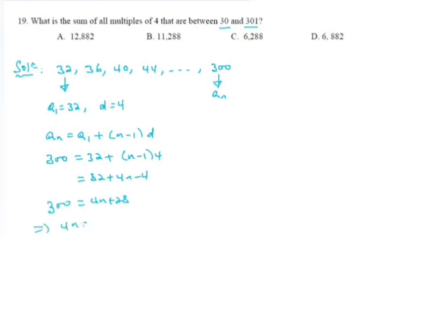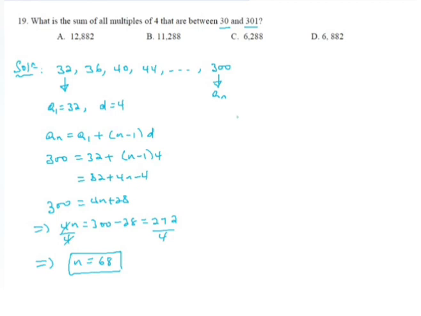So 4n becomes 300 minus 28, which is 272. Now dividing both sides by 4, n becomes 68. So there are 68 terms between 30 and 301 which are multiples of 4.